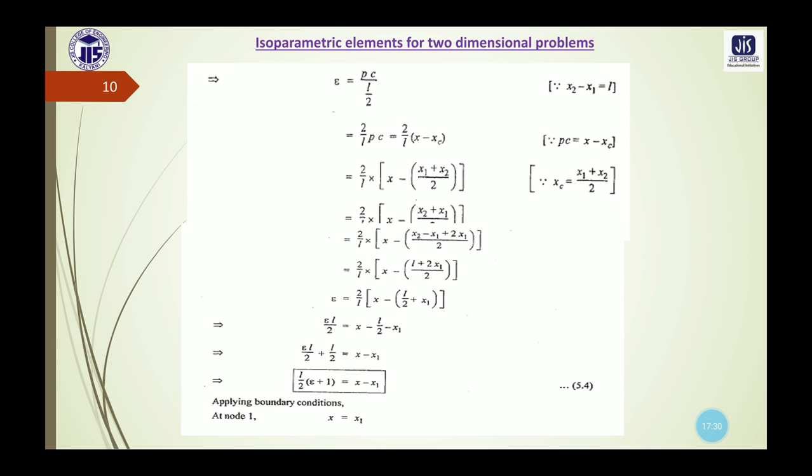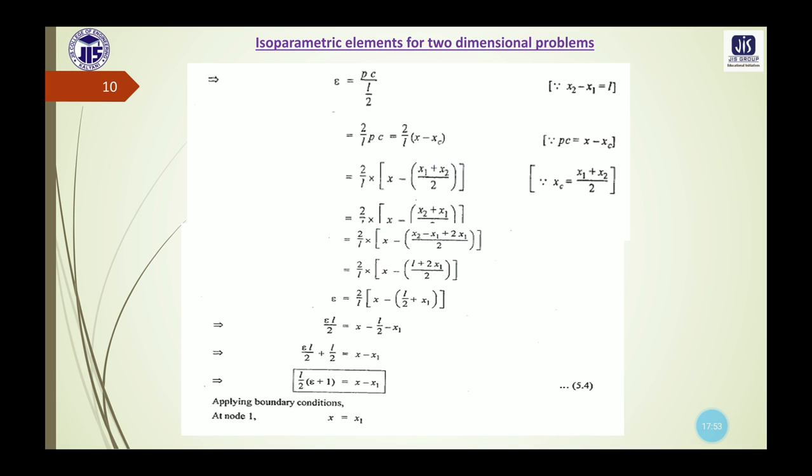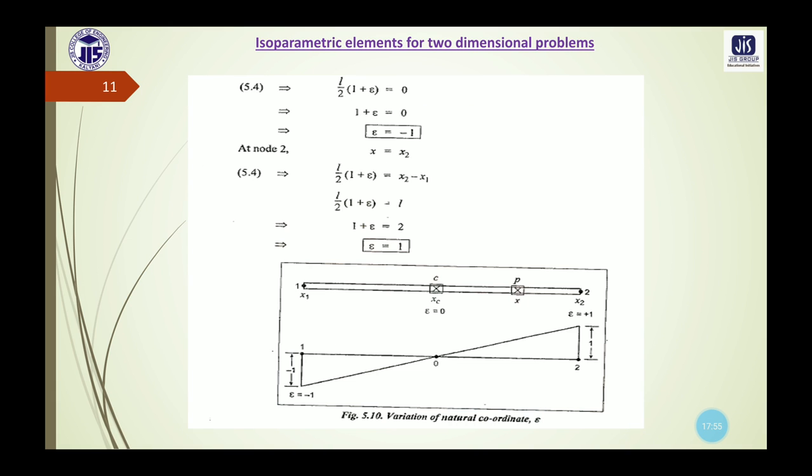Now if we apply the boundary conditions here, at node 1, x equals x1, which you can see in figure 5.9, that at node 1 of this one dimensional element, x equals x1, and at node 2, x equals x2.